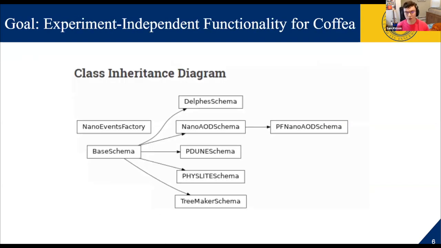So the goal of my project was experiment-independent functionality for Coffea. What that means is that no matter what experiments we're using, could be ATLAS, could be CMS, we should be able to have independent data schemas that fit these experiments. As Coffea continues to be adapted across a spectrum of HEP experiments that employ diverse data formats, maintaining experiment-specific schemas that prioritize user-friendliness and performance becomes an increasingly complex job.